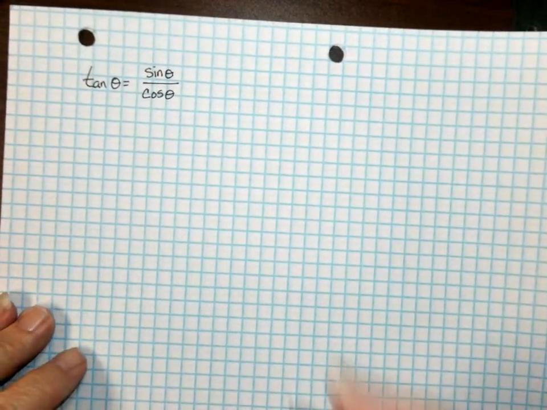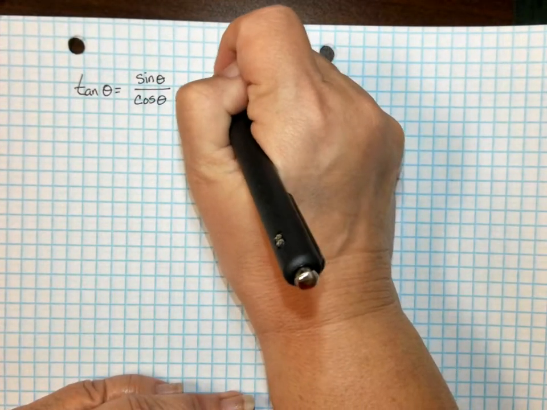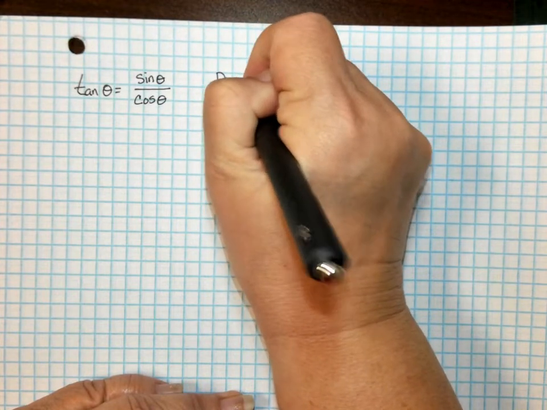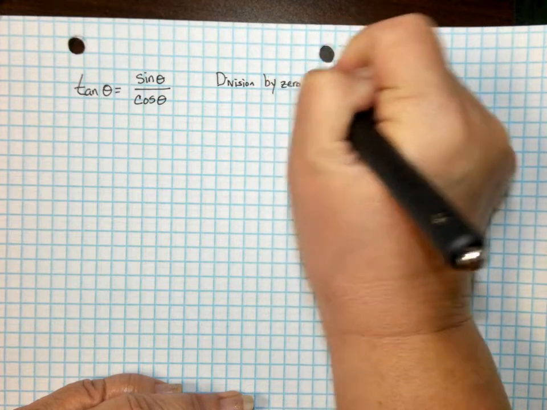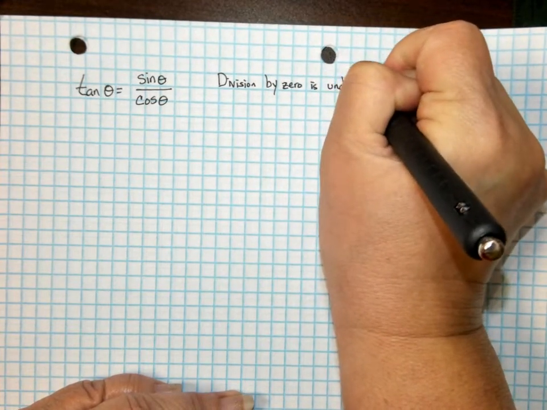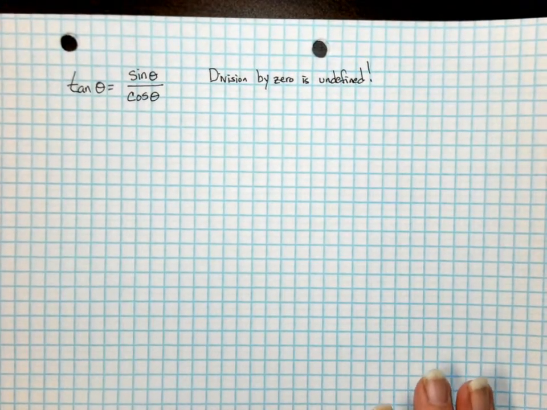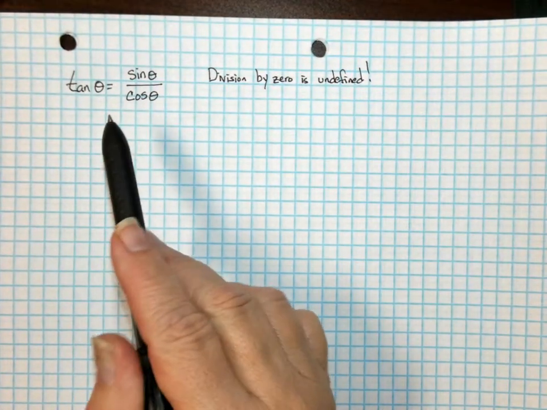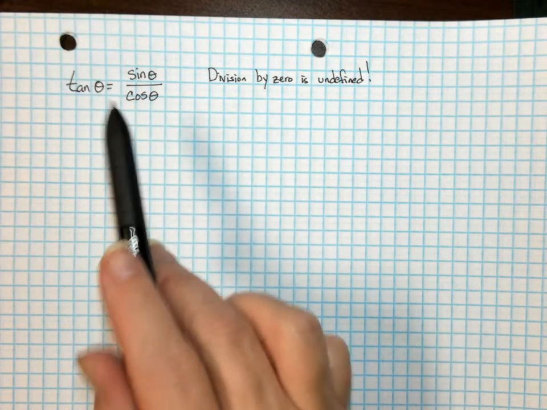And so remember our golden rule, right? Division by 0 is undefined. Remember that? So that means there's going to be some times where tangent is undefined.